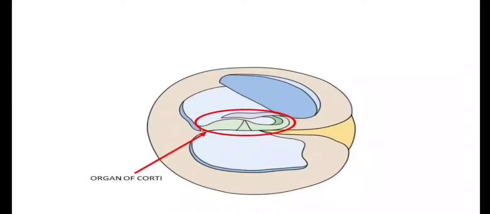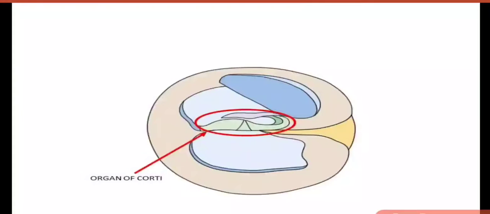In this diagram of the organ of Corti, this is the section of the cochlea in which you can see scala. This part is scala media, this part is scala vestibuli, this part is scala tympani.